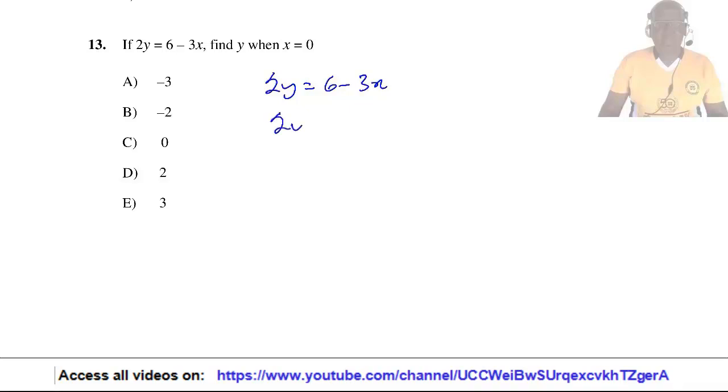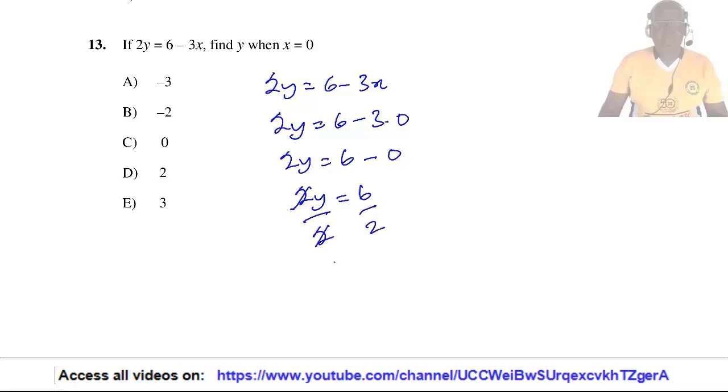So 2y equals 6 minus 3 times 0, or 2y equals 6 minus 0, or 2y equals 6. We shall divide the equation by 2, and then we shall get y equal to 6 divided by 2, which is 3. So the answer is E.